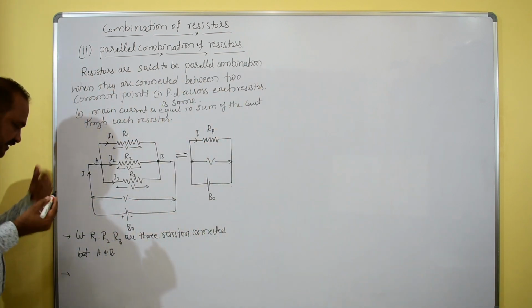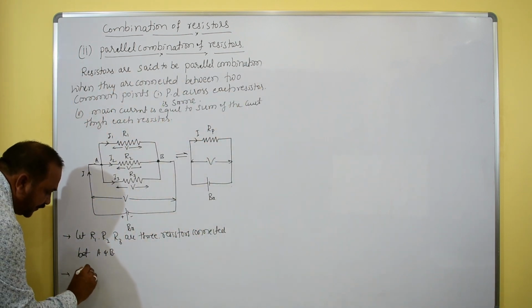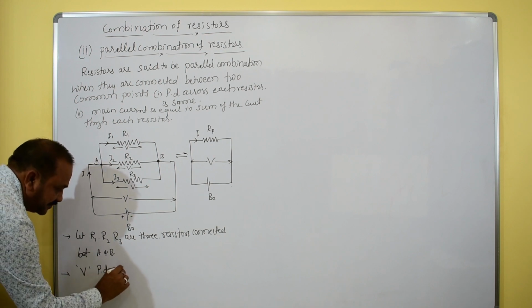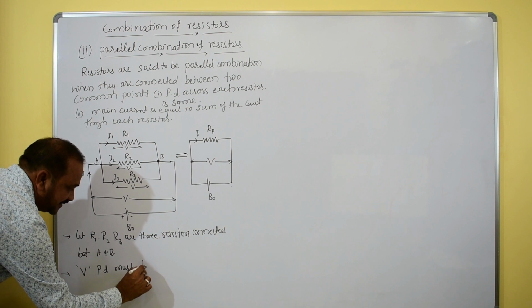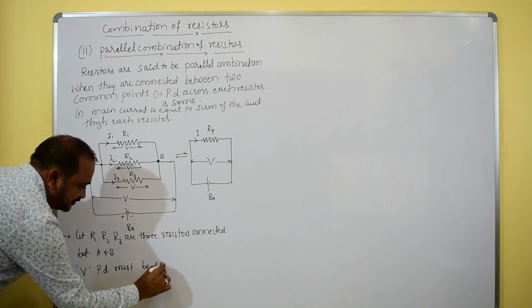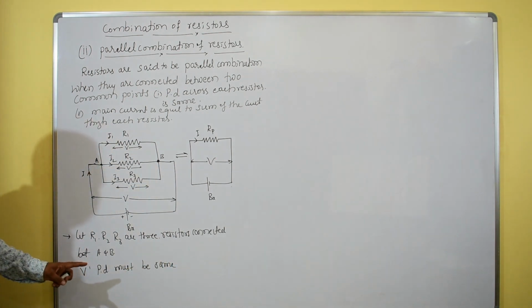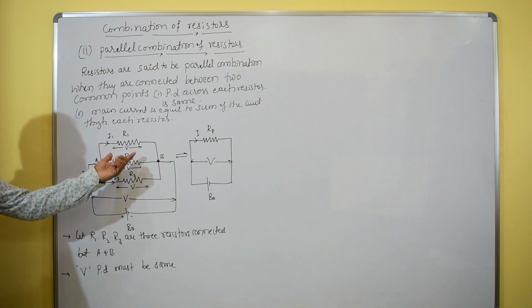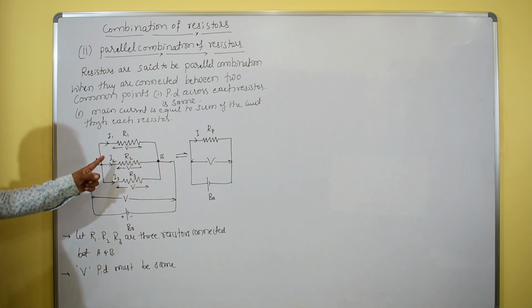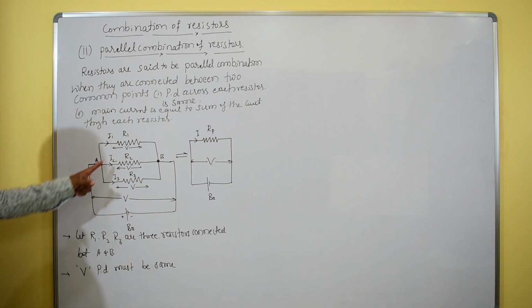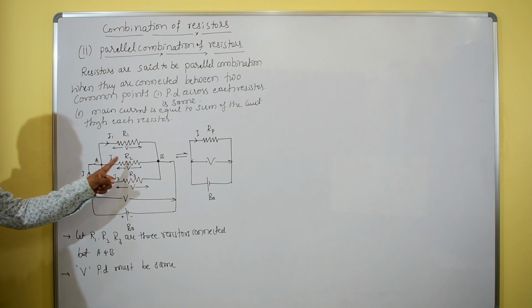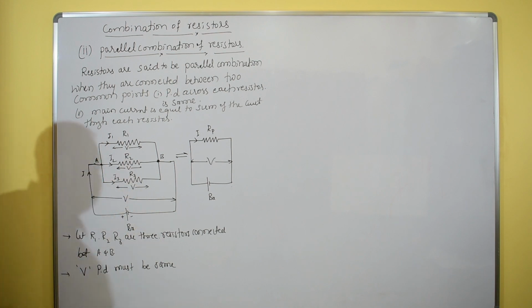V is the potential difference, and it must be the same. The potential difference across each resistor must be the same. Then I1, I2, I3 are the currents flowing through R1, R2, R3 respectively.